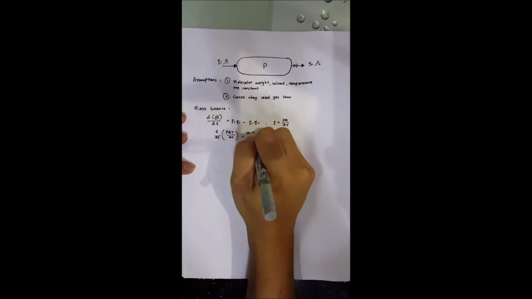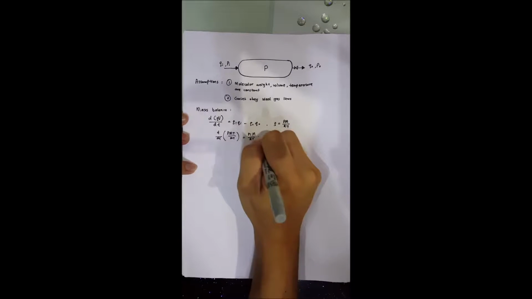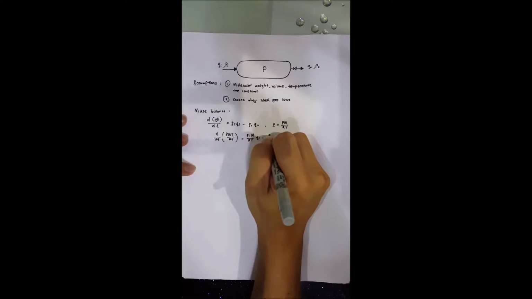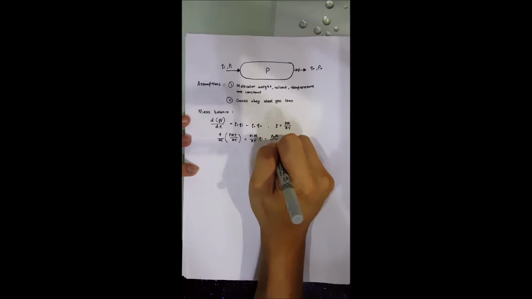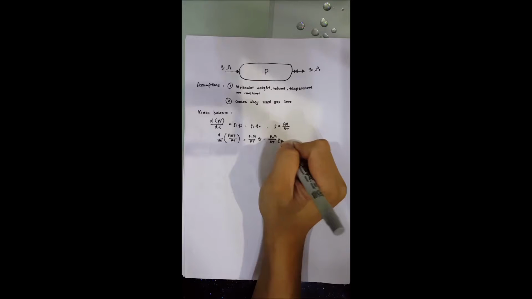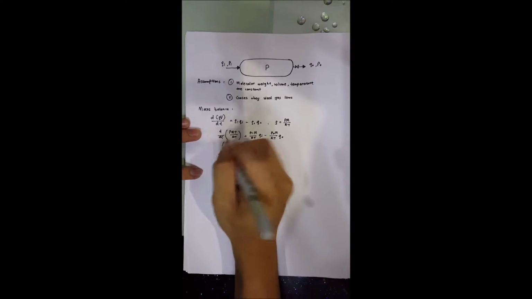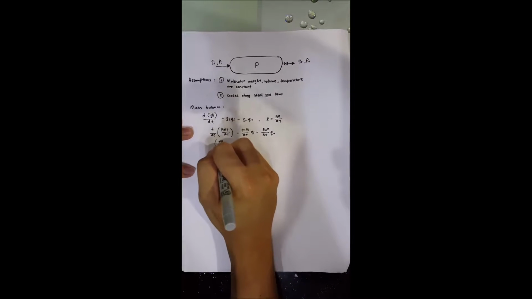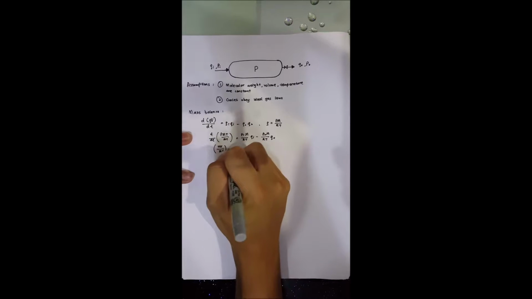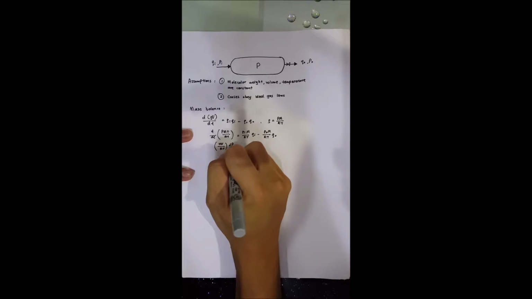Then we substitute the rho into the equation. As the molecular weight, volume, and temperature are constant, we can take them out to simplify the equation.